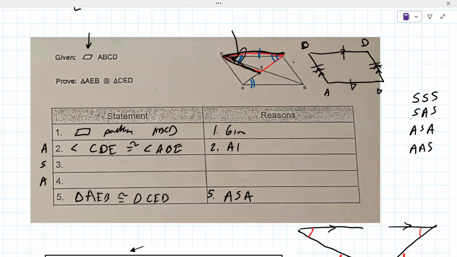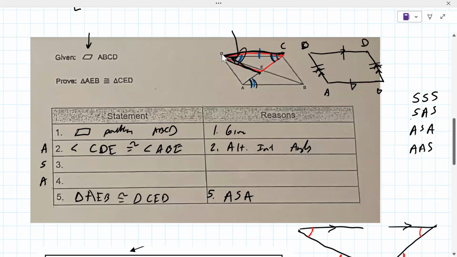Now, I mentioned the reason here: it's alternate interior angles. What are the other angles that are congruent? Give me the letters for these double angles here, up here. You want me to give them in order? Yeah, that would be best.